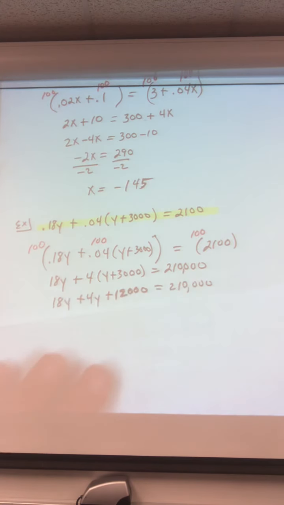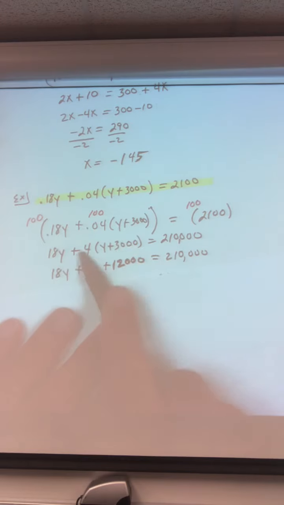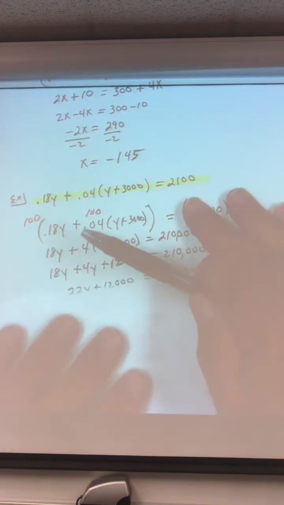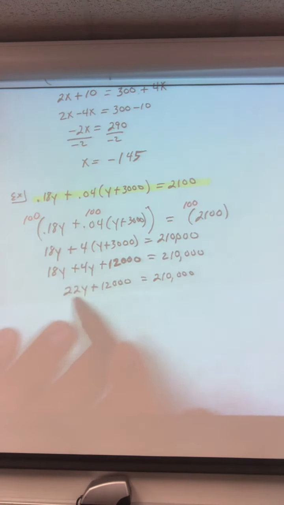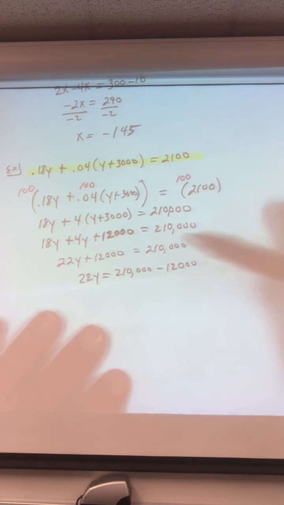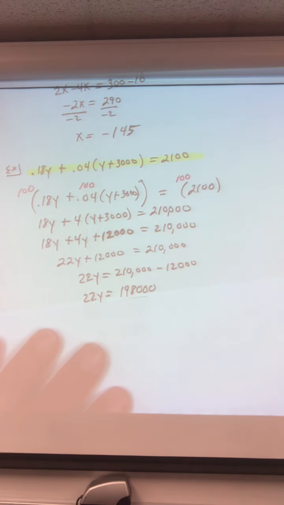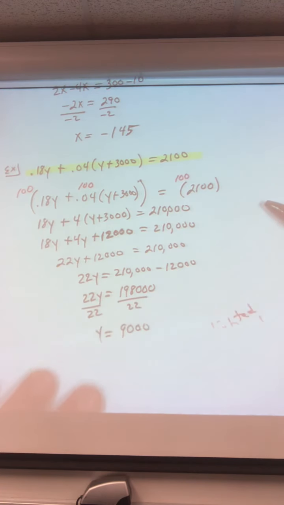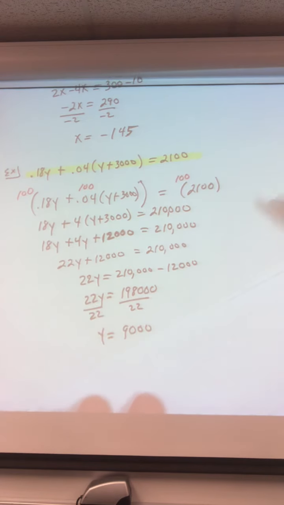Now distribute with the 4. That'd be 4y plus 12,000. Add the y's together to get 22y. Subtract 12,000 from both sides. Use your calculator to subtract that. And then divide by 22 to get even 9,000.